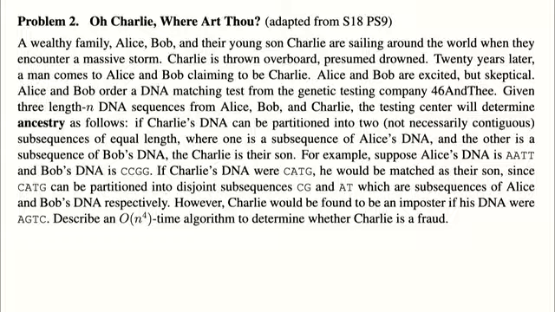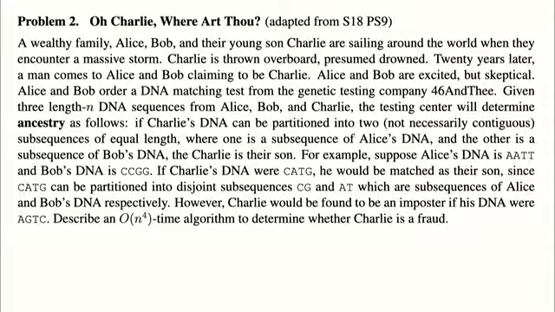If Charlie's DNA can be partitioned into 2, not necessarily contiguous, subsequences of equal length, so if n is length 5, or length 6, it had better be even, I need to find 3 characters in order, and then the other 3 characters must match subsequences in Alice and Bob's DNA. That's a little hard to parse, so let's look at an example. Alice's DNA is AATT, Bob's DNA is CCGG.